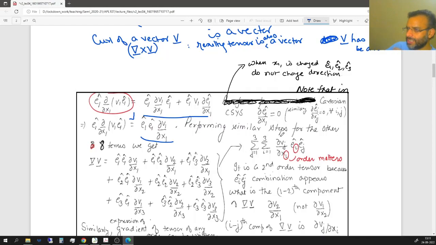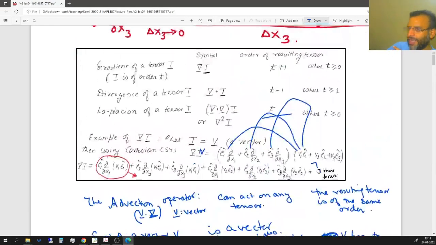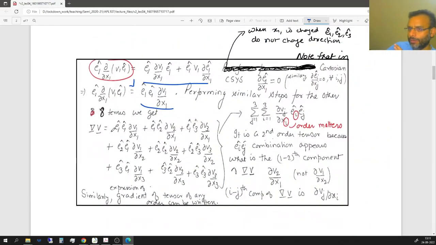Now, performing similar steps for the other 8 terms here, you can get additional 8 survivors, all of which I have listed here. Once you have this, you can recognize the pattern, how indices are changing across these 9 terms, and write that in more compact form as del vj del xi eij.